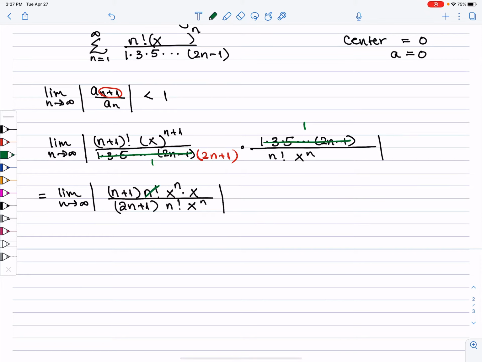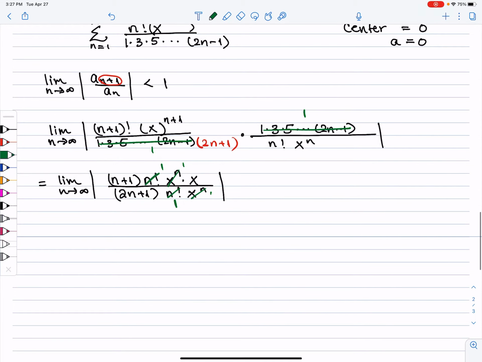So we can simplify n factorial with n factorial, x to the nth with x to the nth. And this gives us the limit as n approaches infinity of n plus 1 over 2n plus 1 times x. But x is a constant.